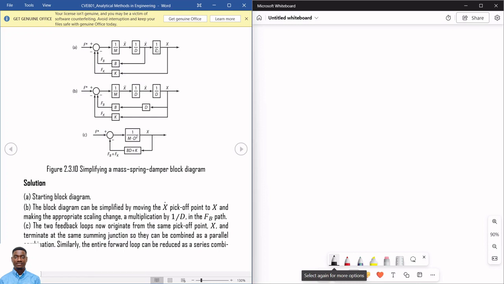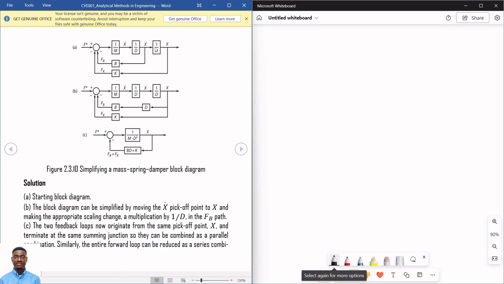But we can't take them as this multiplied by this just yet because of this pick-off point in between this block and this block. So the first thing we're going to be doing is to move this pick-off point downstream. When we move a pick-off point over to the right of a block, we'll move it downstream.